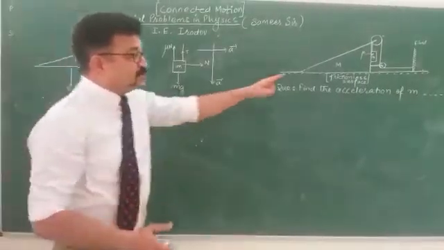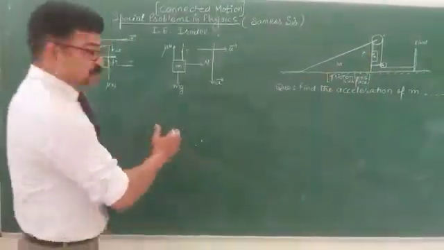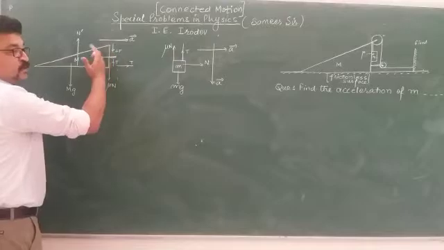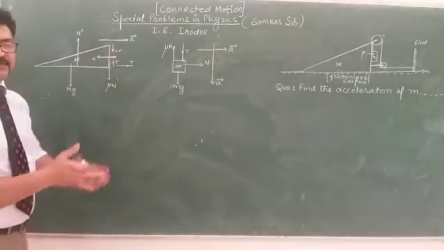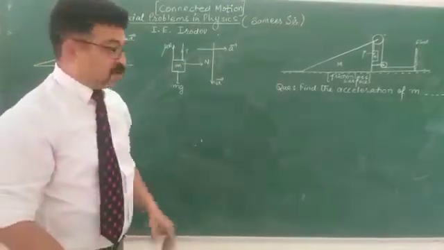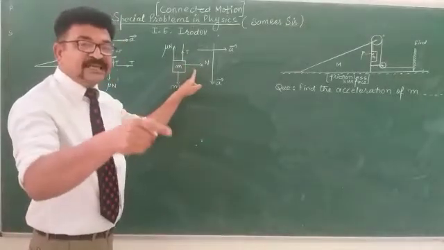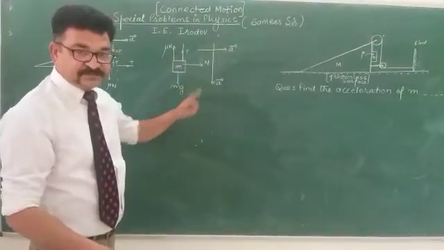Because of the contact between small m and capital M, it experiences the contact force due to small m, and of course according to Newton's third law, small m also experiences an equal and opposite reaction on it.